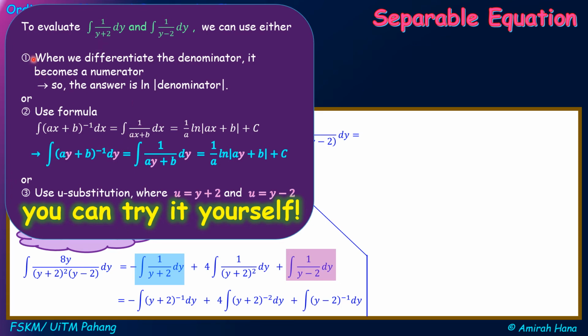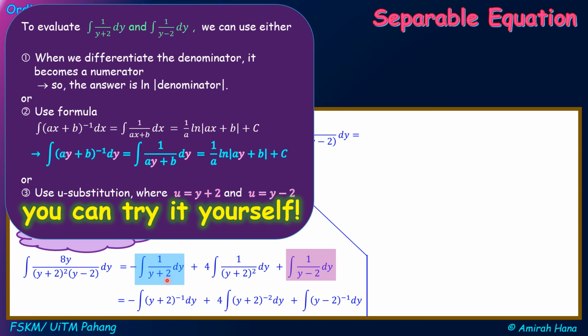Number one, when we differentiate the denominator it becomes the numerator. The denominator here is y plus 2, and when we differentiate y plus 2 with respect to y, we have 1. So the numerator now is 1, and the answer is ln of the denominator.